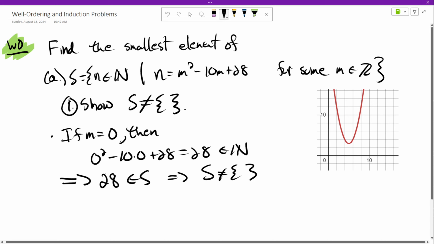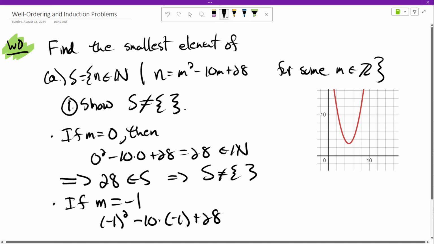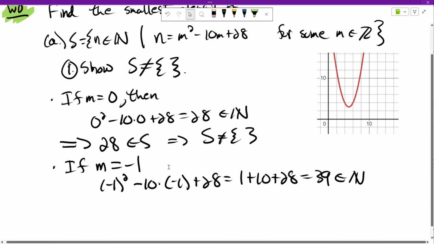Now, at this point, we know that a least element exists, but just to make it clear what elements of S look like, let's try another m. Let's try m is, I don't know, negative 1. Right, m is allowed to be an integer, so it can be negative. So what would happen if we were to square m, subtract 10 times m, and then add 28? Well, I think we get 1 plus 10 plus 28, which is 39, which is a natural number.